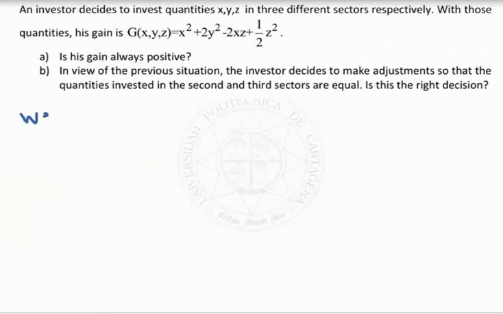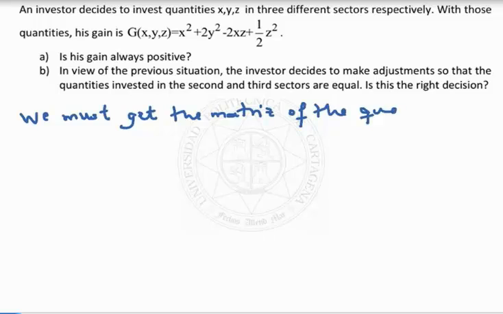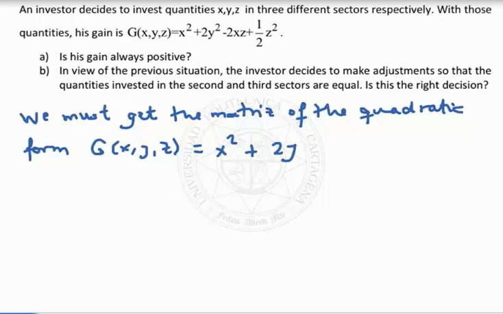Now, let's solve it. We must get the matrix of the quadratic form of the equation G of X, Y and Z, which is X squared plus 2Y squared minus 2XZ plus 1 over 2Z squared.